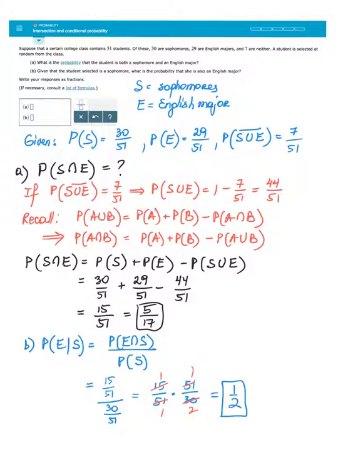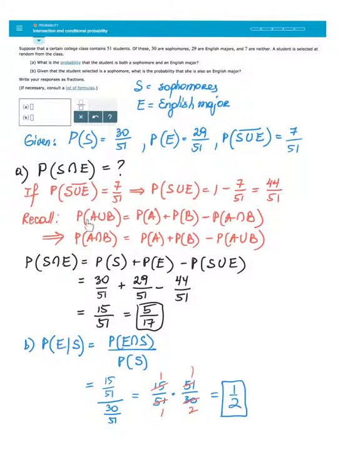I want to remind you of a general addition rule which says probability of A or B is the sum of probabilities of A and B minus the overlap, the intersection of A and B. If I manipulate this a little bit algebraically, look, if I add to both sides this expression, it will end up being on the left side of the equation.